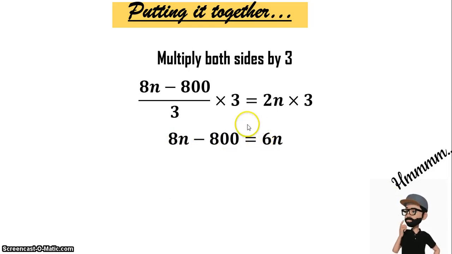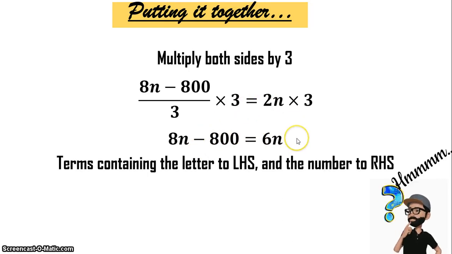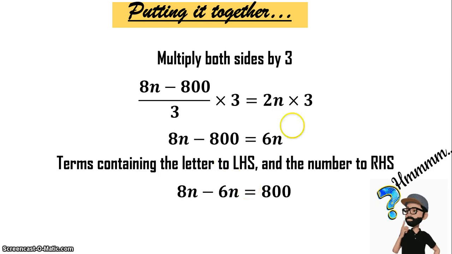Whenever a positive number crosses the equality sign, it changes to negative. And this value that doesn't have the letter n, you move it to the other side. So you have 8n minus 6n equals a negative number, which now crossing over becomes positive. So that gives you 8n minus 6n equals 800.